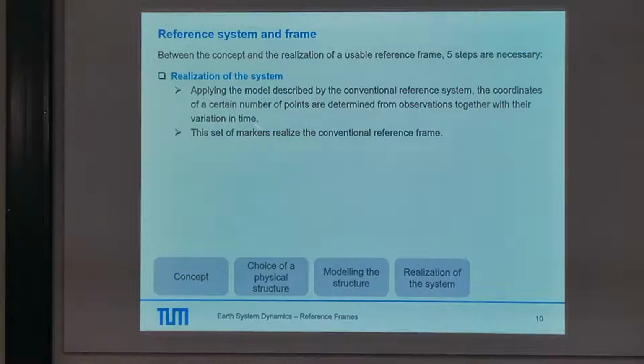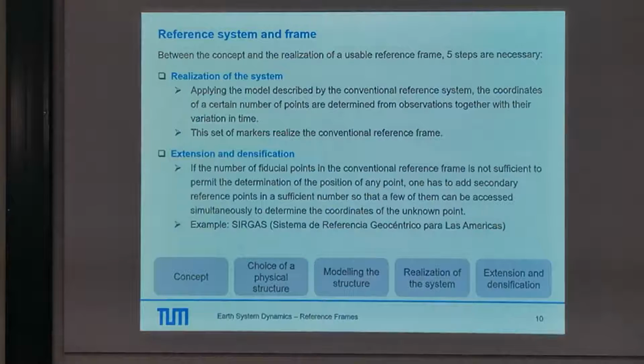And this set of markers realizes the so-called conventional reference frame. So system is the definition, frame is really the realization, so the numbers of some points you determine or relate to the observations. And the last step is then the extension and densification.